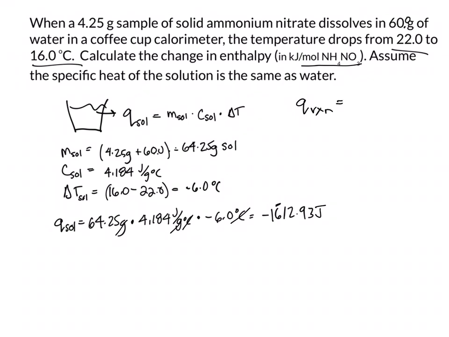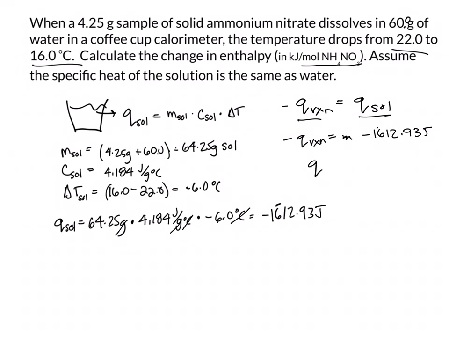And we know, based on what we've discussed before, that the negative Q of your reaction is equal to the Q of solution. We directly measure Q of solution so that we can indirectly determine the Q of our reaction. So since I know that my Q of solution is equal to the following, I can indirectly figure out my Q of reaction.